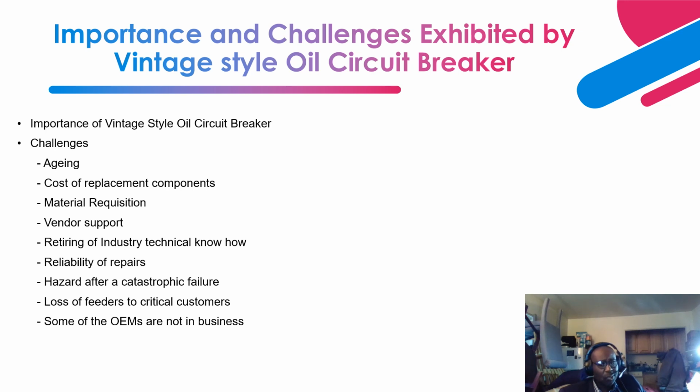So if you have an oil circuit breaker failing catastrophically, then you're going to lose that feeder providing power to these critical customers. So the critical customers have to be sourced from another feeder if you have redundancy in your power supply. That itself, sourcing it from another circuit, overloads the other circuit.